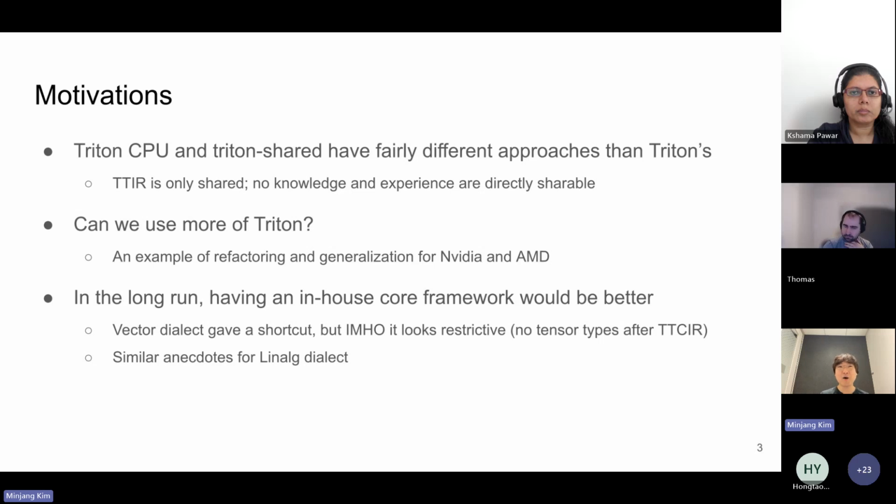But now I am feeling it is a bit more restrictive. It is okay, it's working, but we don't have any tensor types, for example, after Triton CPU IR. So there are some restrictions. I am also hearing similar anecdotes for the Linalg dialect when it comes to Triton shared. So that was my motivation.